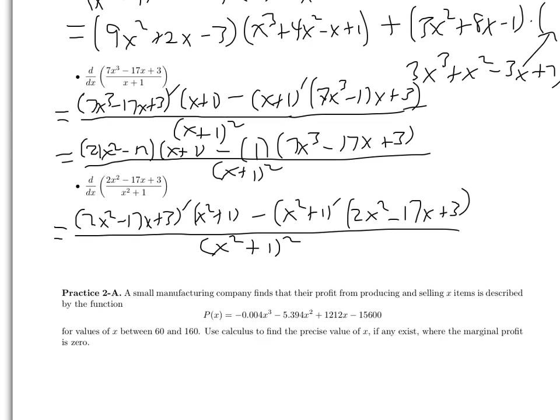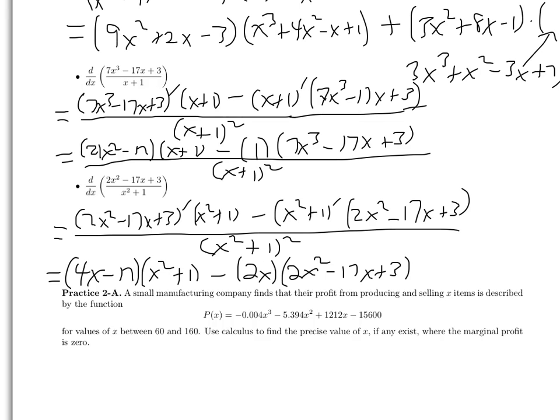And so then we're just one step away from doing this. I just need to find the derivative of the numerator, which is 4x minus 17. That's multiplied by x squared plus 1 minus the derivative of x squared plus 1, which is just 2x. And then all of that is my numerator, and it's divided by x squared plus 1 squared.